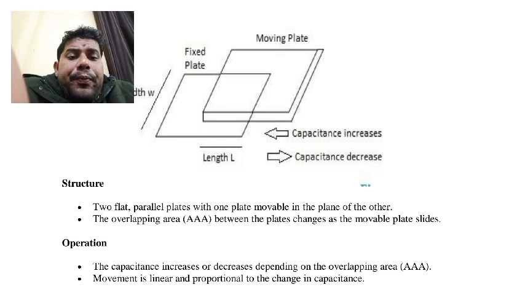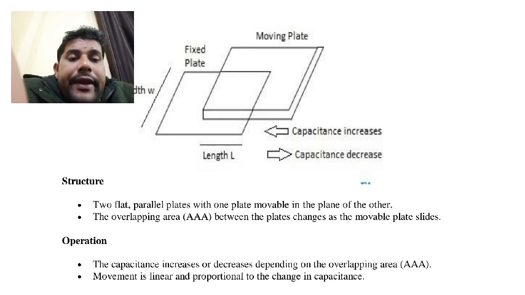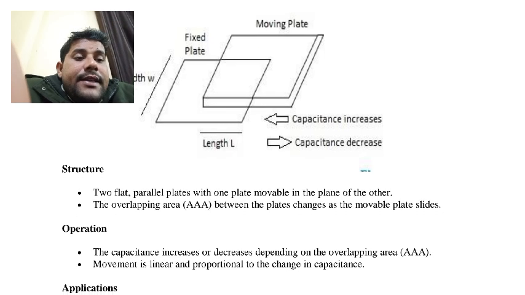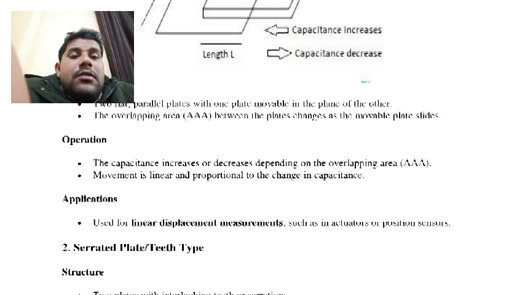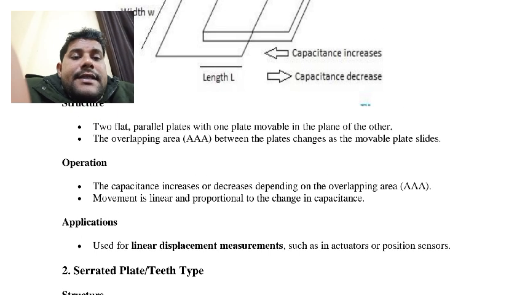Structure: two flat parallel plates with one plate movable in the plane of the other. The overlapping area A between the plates changes as the movable plate slides. The capacitance can be increased or decreased depending on the overlapping area.